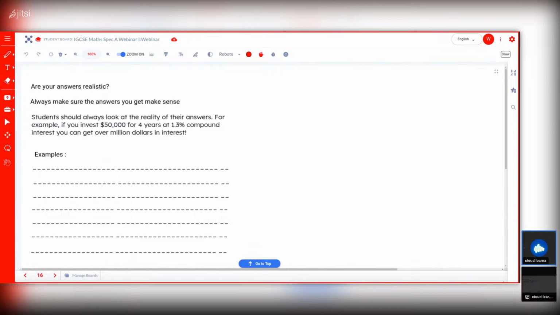So when you look at answers, you sort of know if you get certain answers. By now, I'm sure most of you, if you're taking your exams in May, you kind of know when you get an answer, this doesn't seem right.